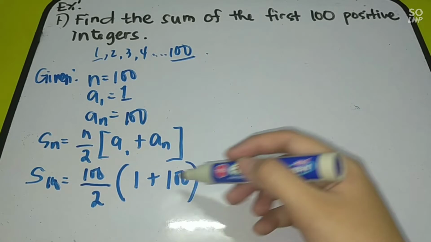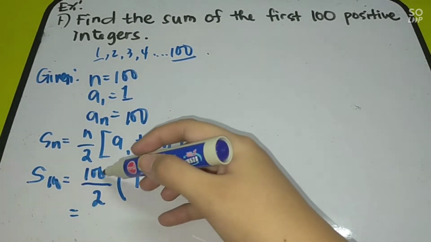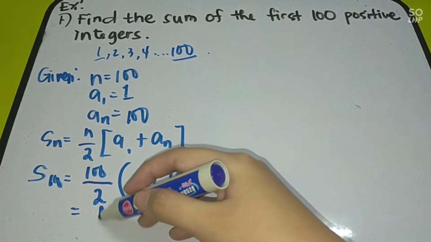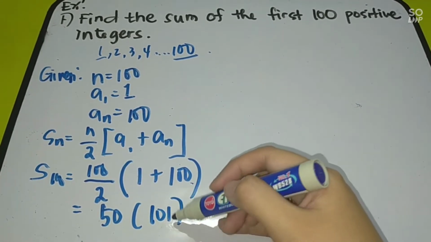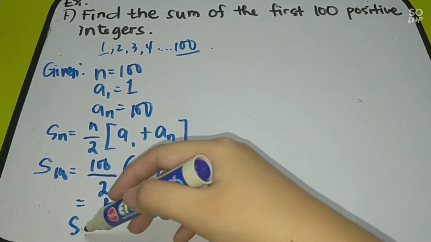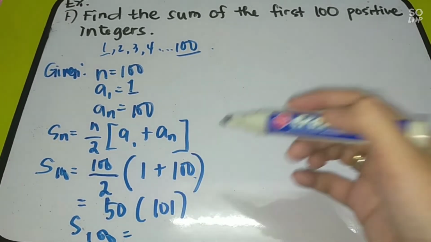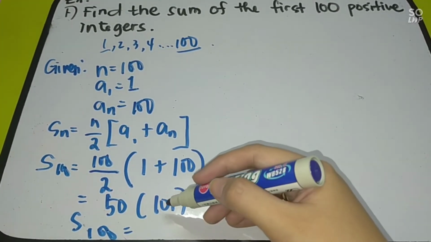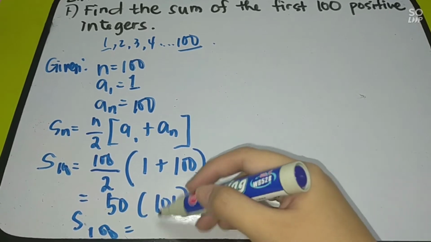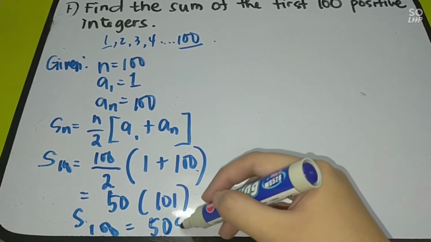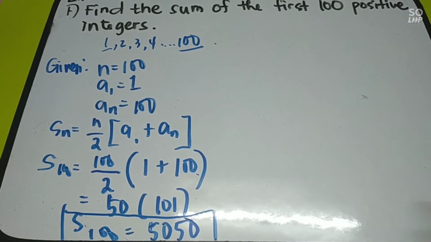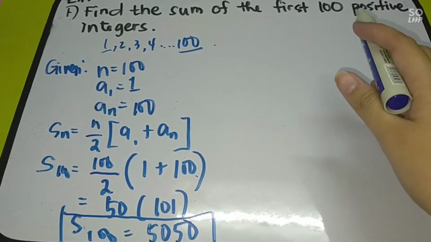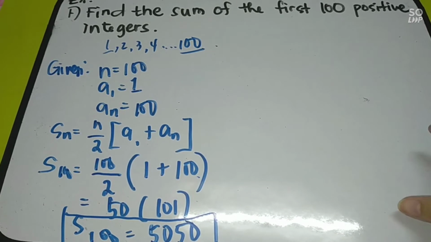Afterwards, you will just add. 100 divided by 2 is 50, multiplied by 101. Then, just multiply. So, S sub 100 is equal to 50 times 101. The answer is 5,050. We're done. So, that is how you get the sum of the first 100 positive integers.